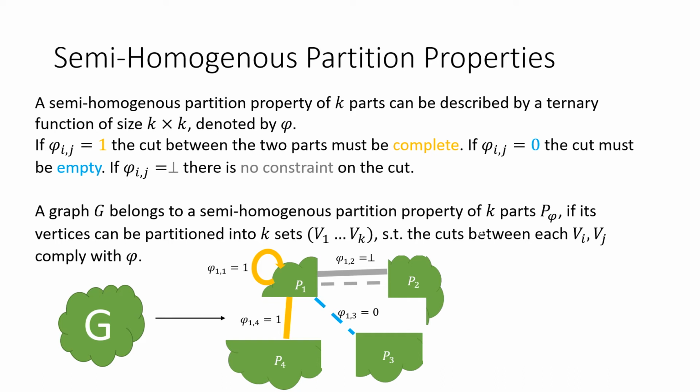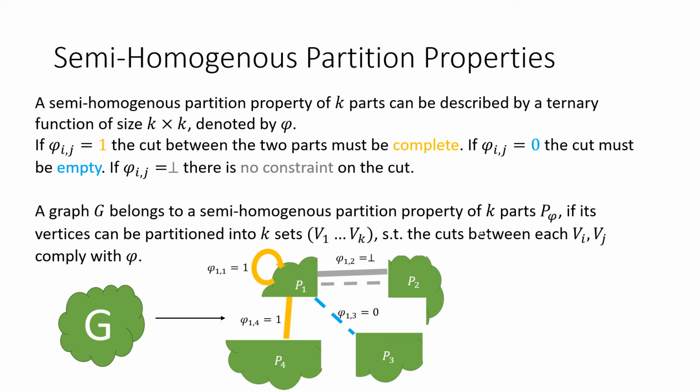Let us follow this example, which looks at the constraints on part P1 of some semi-homogeneous partition function. The function maps P1, P1 to the complete constraint. So all vertices in G assigned to P1 must form a clique. The function also maps P1, P4 to the complete constraint.